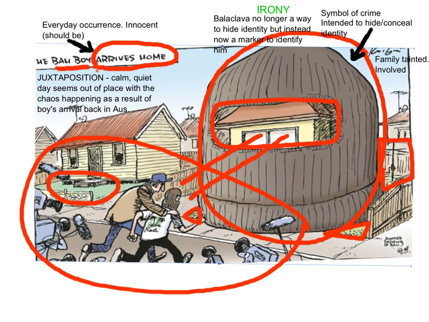The second point that this cartoonist is making, though, is the sort of attention that he's receiving. And there seems to be a fairly strong point being made about the media.